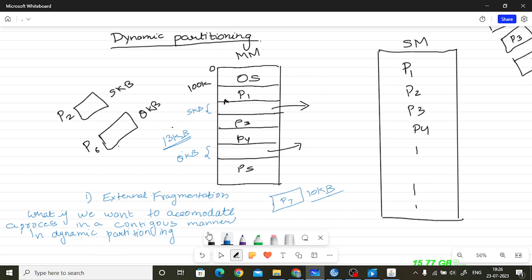What if we want to accommodate a process in a contiguous manner, by using the dynamic partitioning, okay, without using the concept of non-contiguous methods, that were paging and segmentation and all.